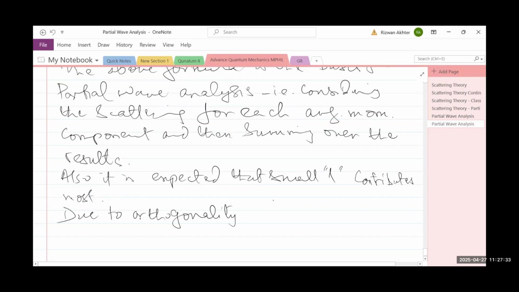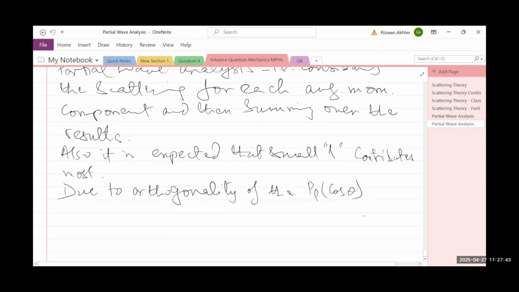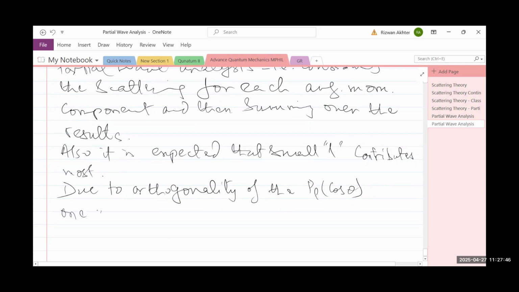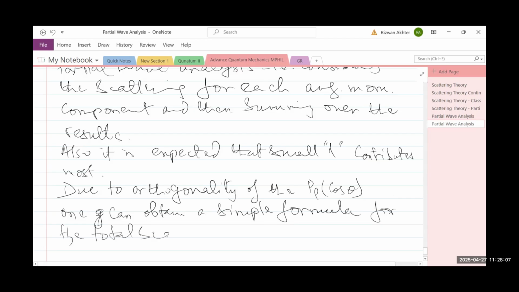So due to orthogonality of the P_L of x, P_L of x meaning P_L of cos theta, the Legendre polynomials, one can obtain a simple formula for the total scattering cross section.